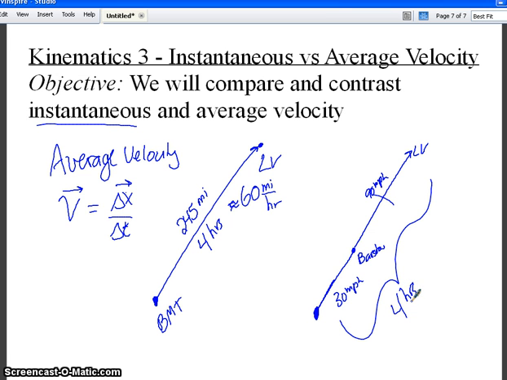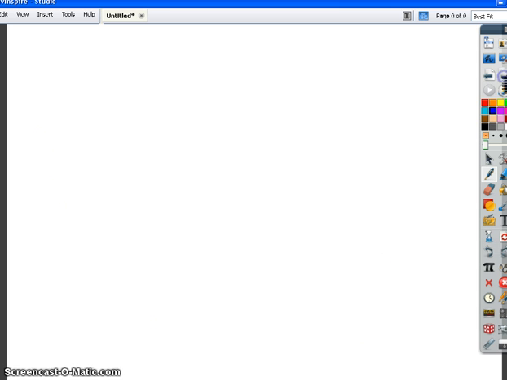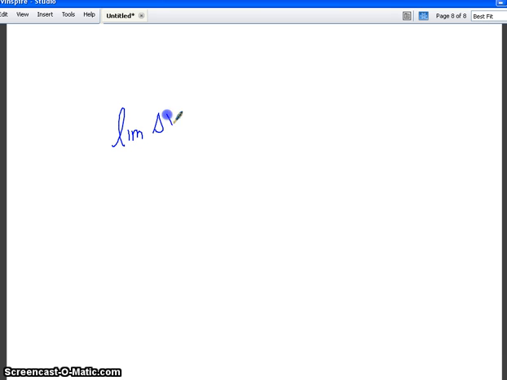So the instantaneous velocity in math terms, and for those of you who have not taken calculus yet, this might look a little crazy right here, is the limit of the change in x over the change in t as delta t approaches 0.